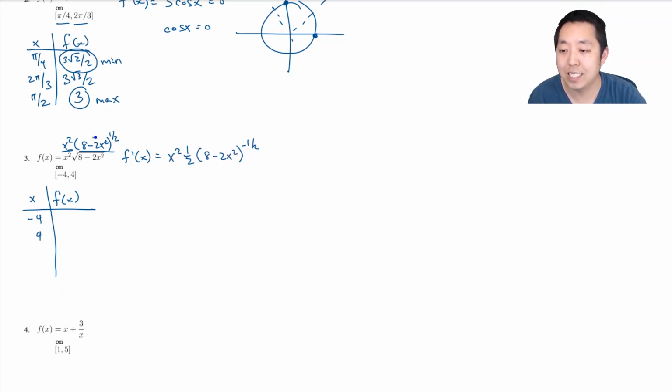But because the inside's not x, when applying the power rule, I have to multiply by the derivative of the inside. The derivative of 8 is 0, and the derivative of 2x squared is 4x to the first power. And then plus the derivative of this times this: 2x times 8 minus 2x squared to the 1/2.